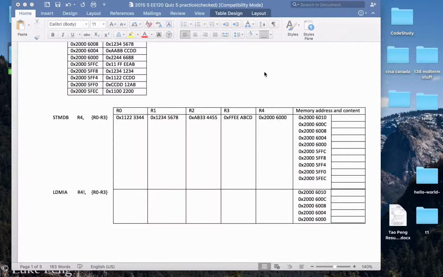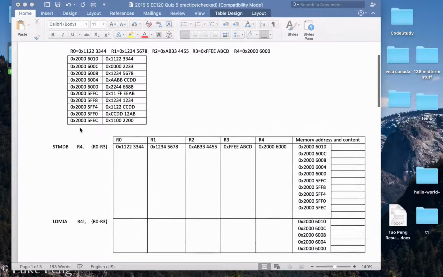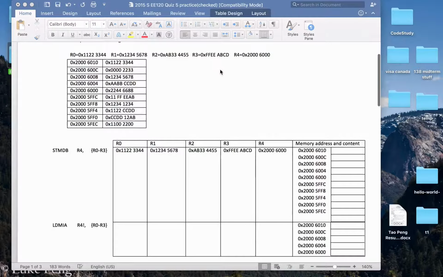What we can do right here is LDMDB R4, {R0 to R3}. What does that mean? Basically, it means I use R4 as a pointer, pointing to the memory location that has the same value as R4.